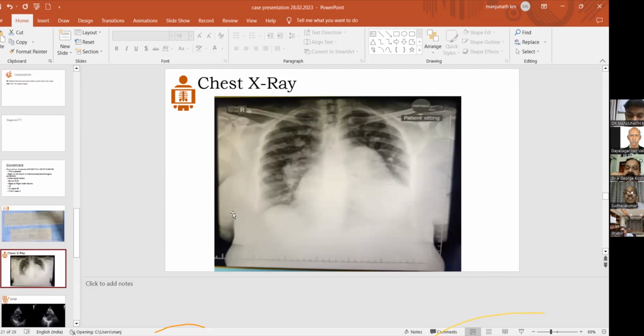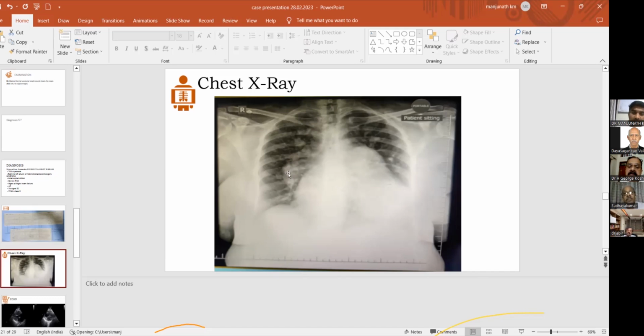Okay, go ahead. What is your evidence to say there is pulmonary arterial hypertension on this X-ray? Radiological evidence. Sir, right pulmonary artery prominent.